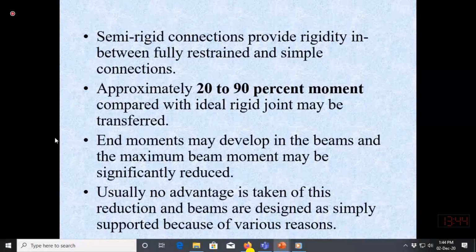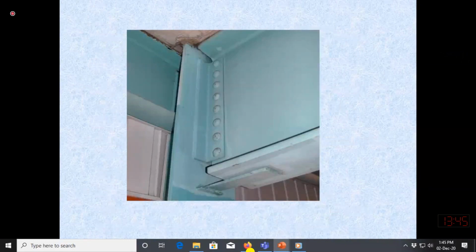We cannot consider partial restraint, but it provides some extra safety. If accidentally some moment is acting on the beam by chance, this small plate can resist that very small accidental moment. So actually this beam will be designed as simply supported, but just to avoid any accidental moment, a small plate is connecting the flange to the column.